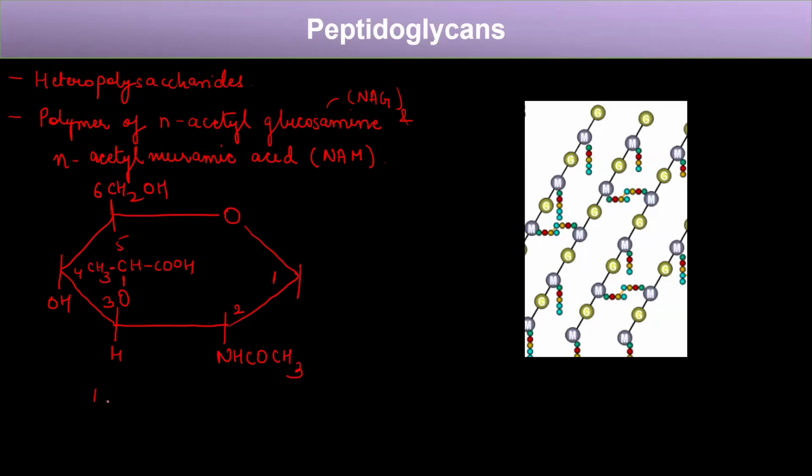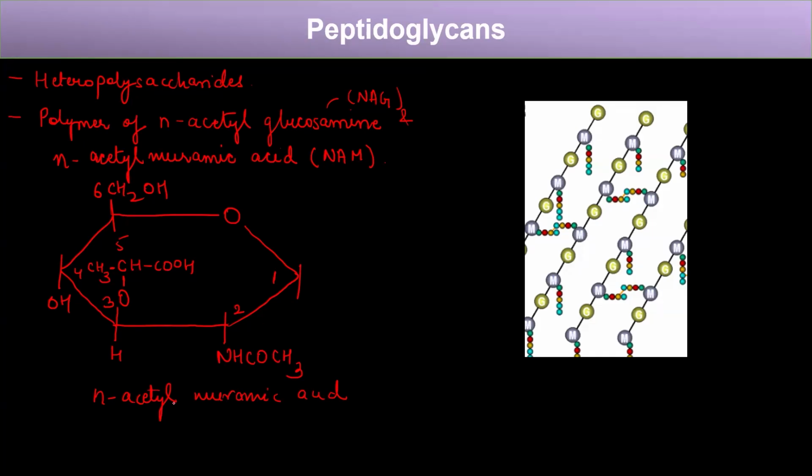So this is your N-acetyl muramic acid. So first you have to draw N-acetyl glucosamine by replacing the OH of the glucose at second position with NHCOCH3, and then at the third position you have to replace the H with muramic acid, that is what?